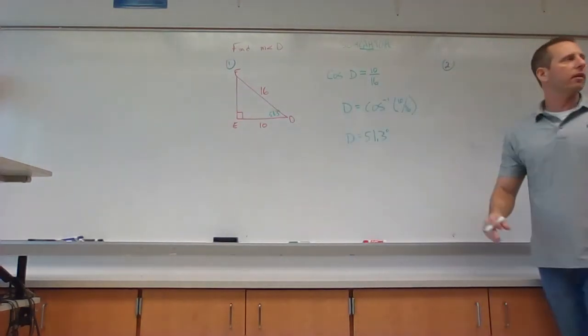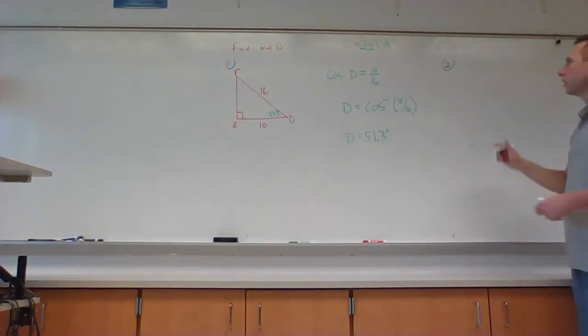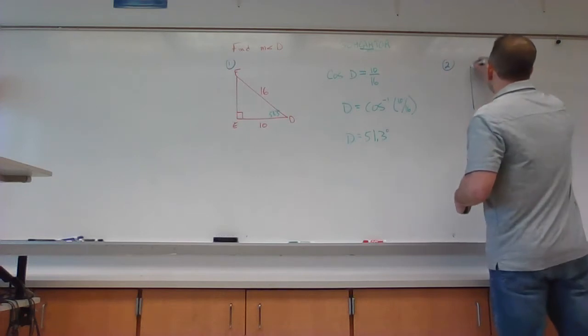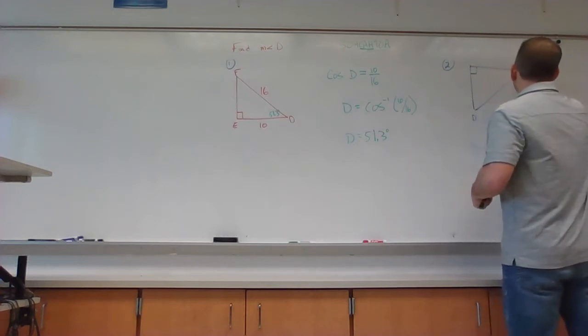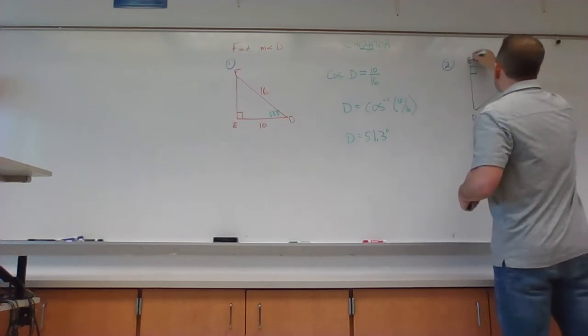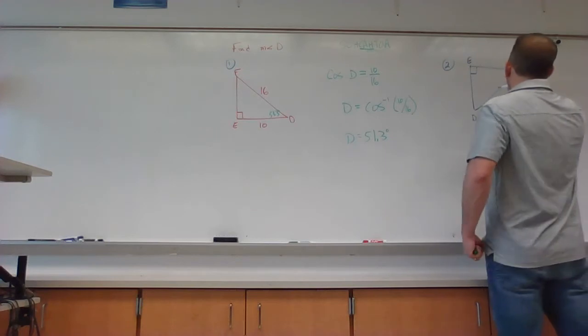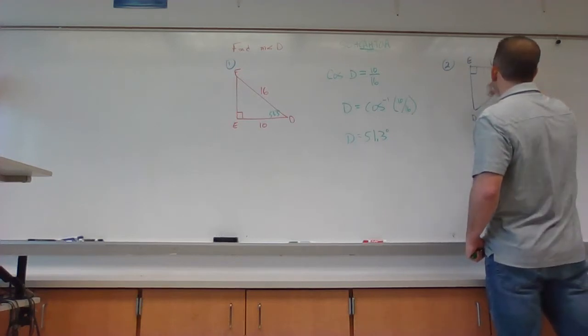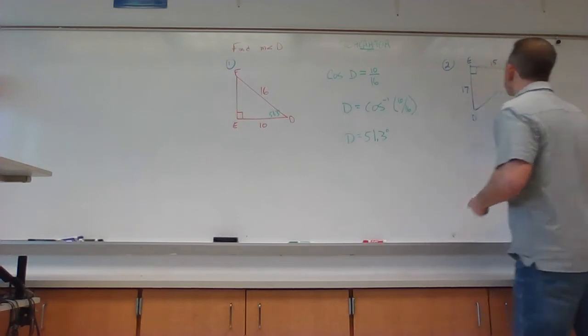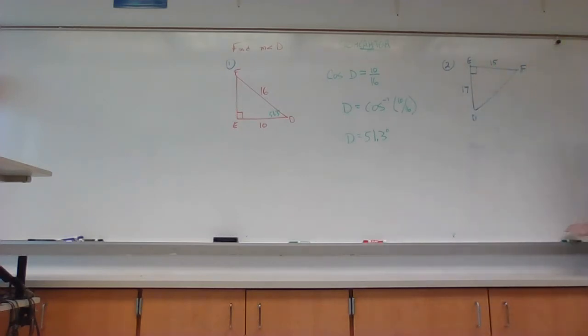For those of you that are taking notes, pretty good taking notes. All right. Find the measure of angle D in there. Try to set it up. Find the measure of the angle. I'll help you out with your calculator.